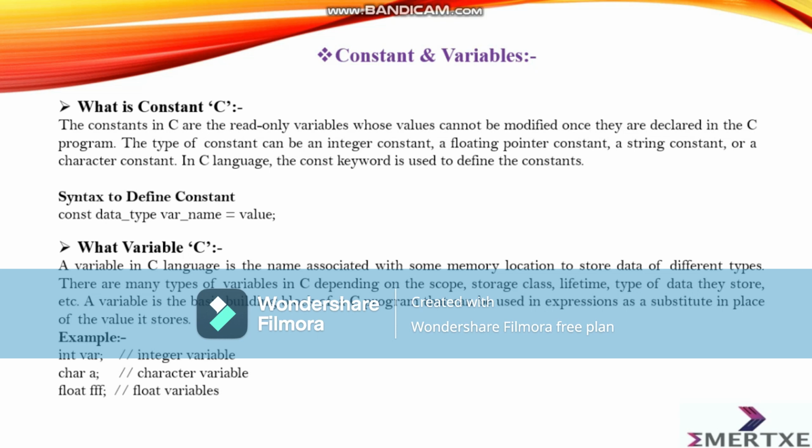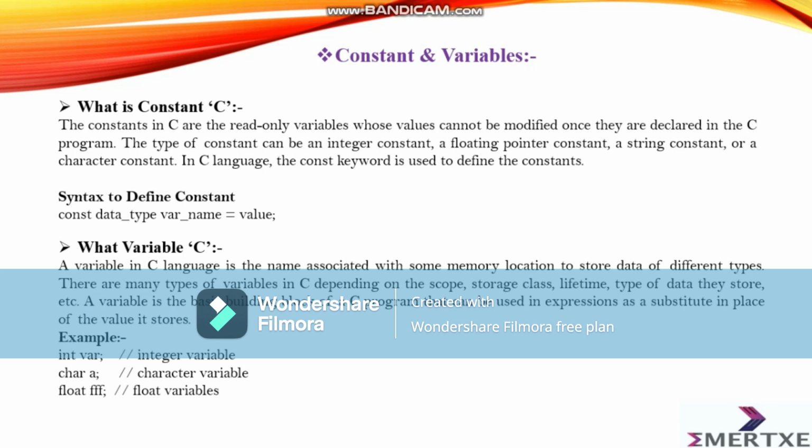In C language, the const keyword is used to define a constant. Example for constant syntax: const data_type var_name = value. Next point is variable. The variable is a data item whose value can change during program execution. As the name implies, the value can vary.